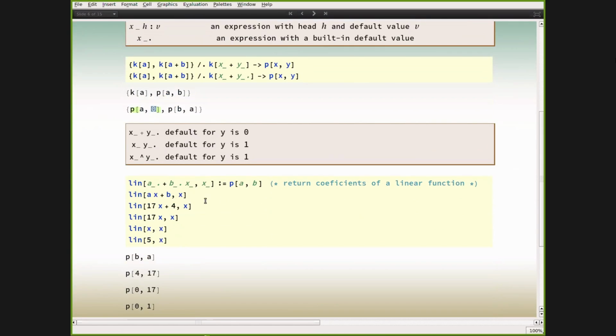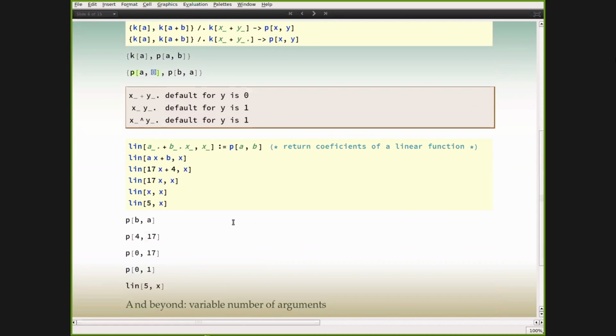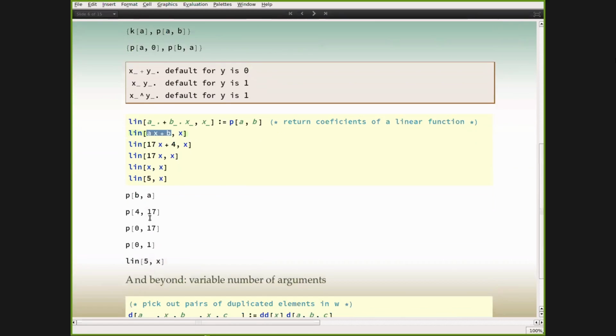Okay, so here we have a simple formula, which is a function which returns coefficients of a linear function. There will be something maybe with a default value plus something multiplied by x, and the second argument will specify the variable of our linear function. So you can see that if we have the expression ax plus b, then b and a are returned as we expected.